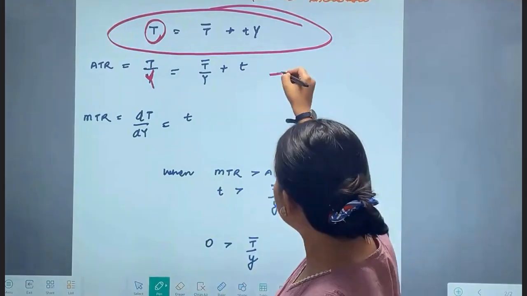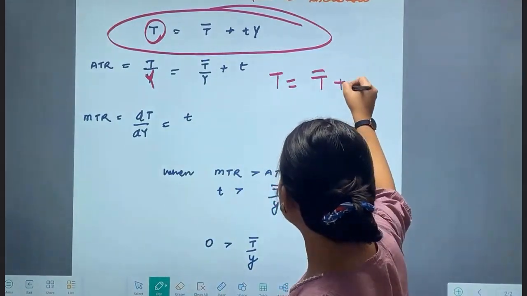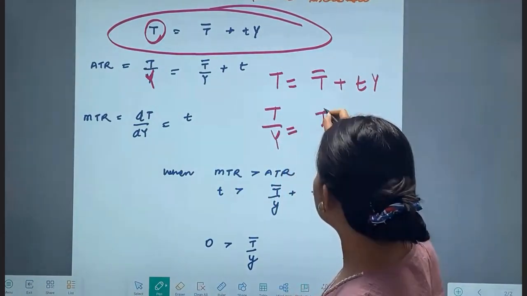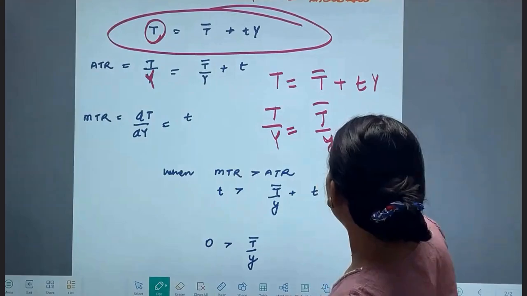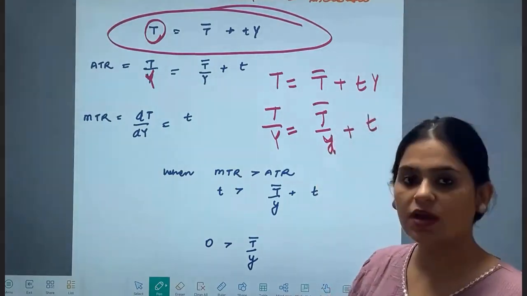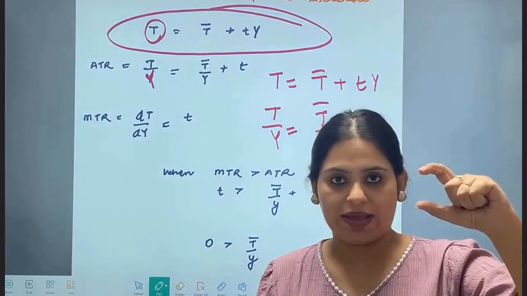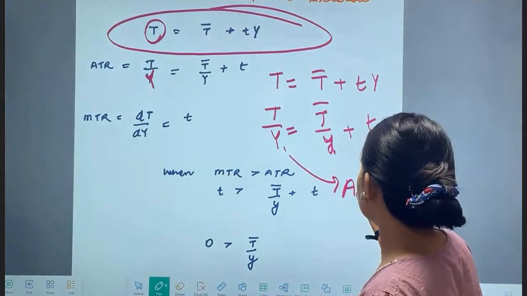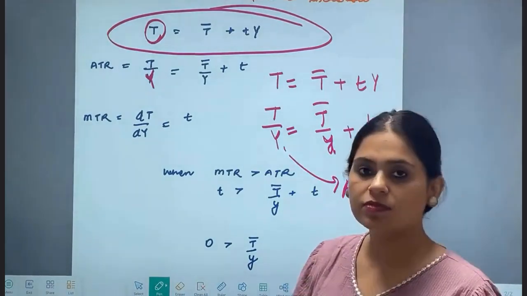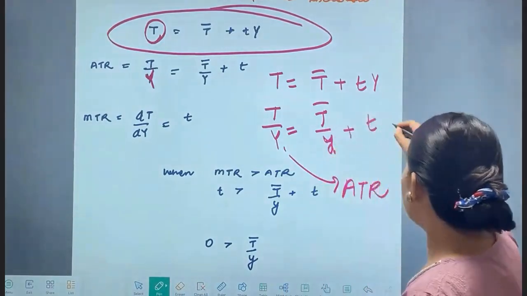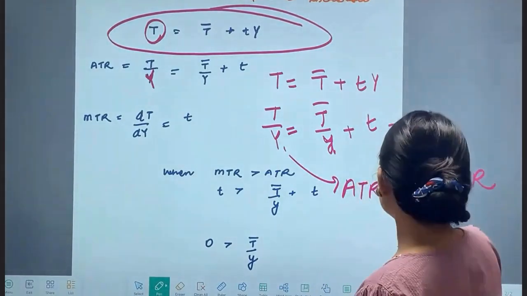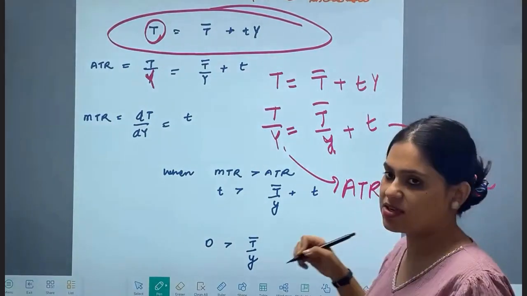So if T is T bar plus t y, T by y becomes T bar by y plus small t. T by y, tax by income, is the average tax rate. Small t is the marginal tax rate. So average tax rate is marginal plus something.